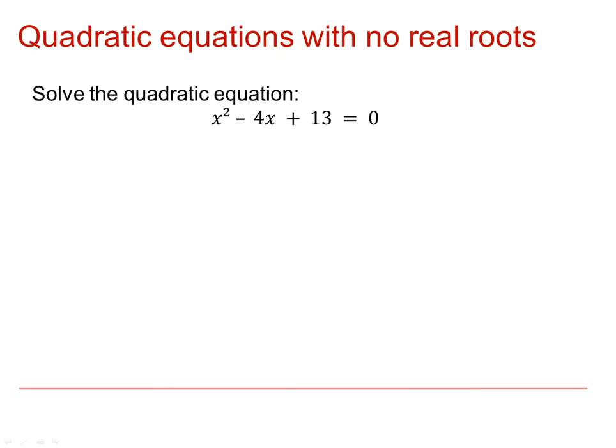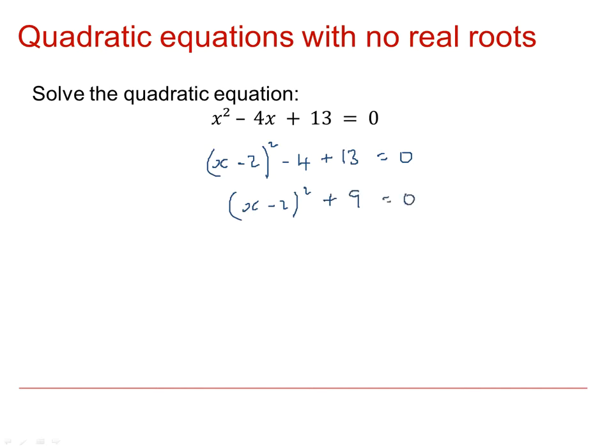Let's look at a different equation, this time where we've got plus 13 rather than minus 13. So if we attempt to complete the square here, again we get x minus 2 all squared, and then minus 4, but plus 13 equal to 0, and therefore x minus 2 all squared plus 9 is equal to 0.